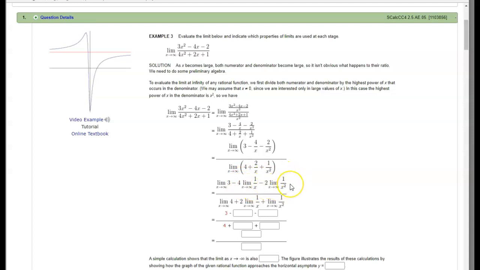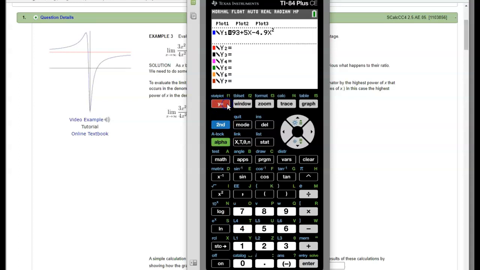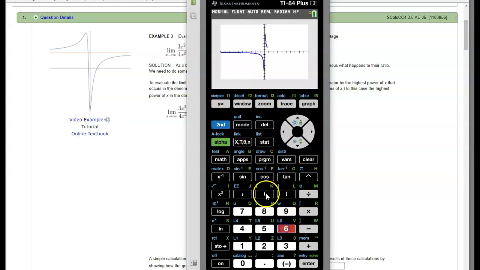The limit of 1 over x squared, of course, is then 0 too. So the limit as x goes to infinity of 1 over x is 0. So we can examine that on our calculator. Go to y equals, we're going to put in 1 divided by x. And I'll do a zoom 6. You can see as x goes to infinity, this function gets smaller and smaller as x gets larger and larger.